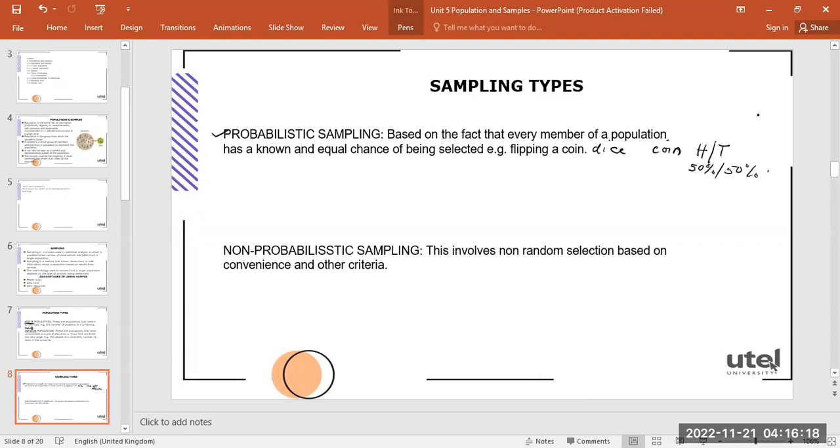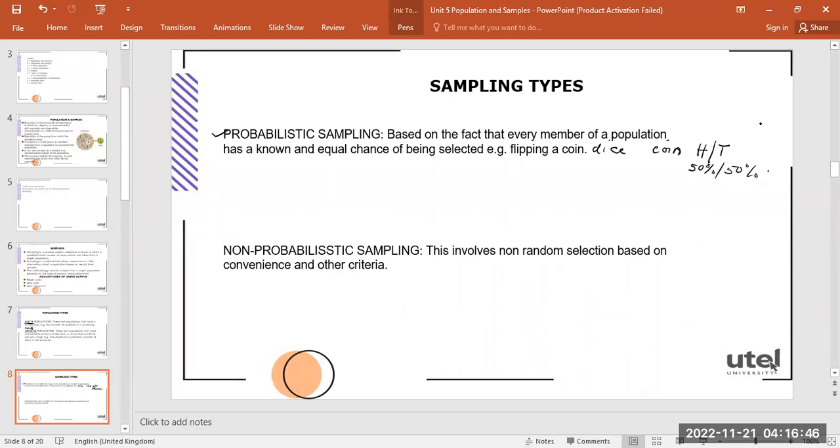In the case of a dice with 6 faces, they all have an equal probability of 1 out of 6. So any sampling methodology that does the sampling in such a way that the members of the population have equal chances of being selected without any bias is known as probabilistic sampling.